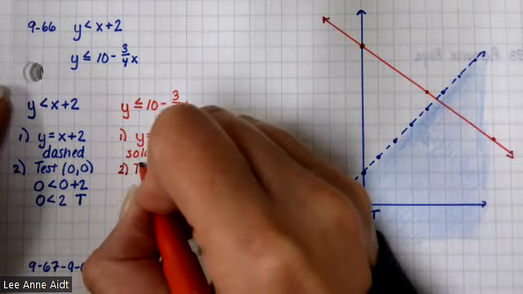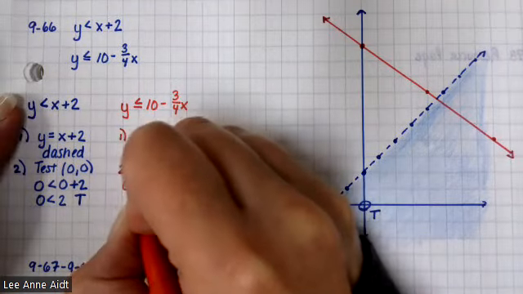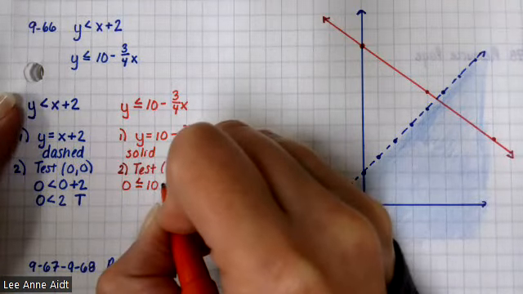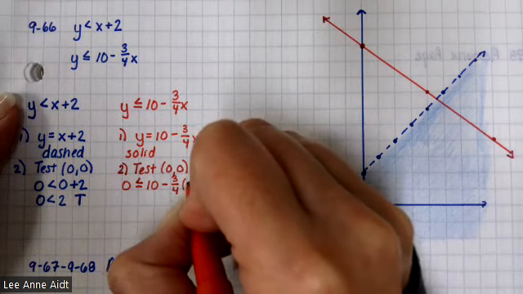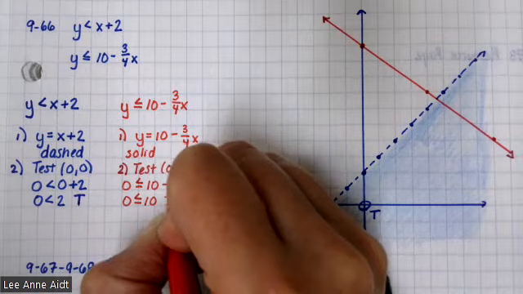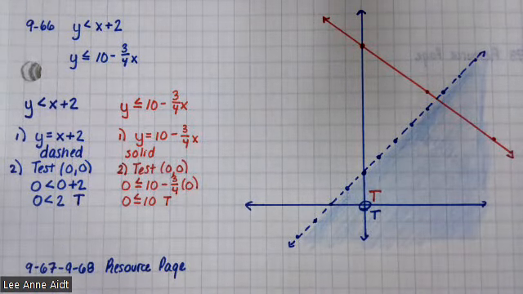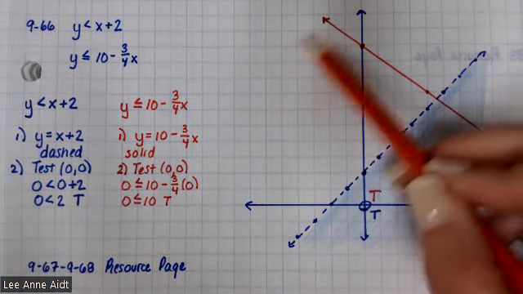I think so. 0 is less than or equal to 10 minus 3/4 times 0. Well, that's not, eh.